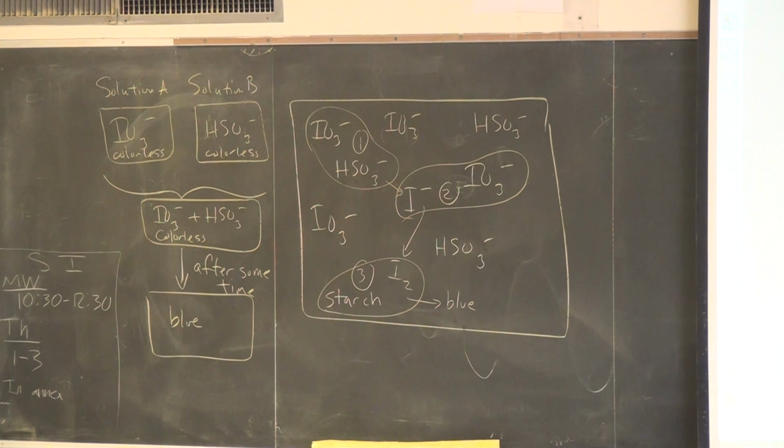But that doesn't happen. So it turns out reaction 3 is not the fastest. We have 2 more choices left, reaction 1 and reaction 2. So is it reaction 1 or reaction 2?